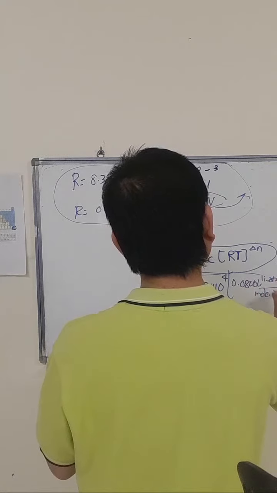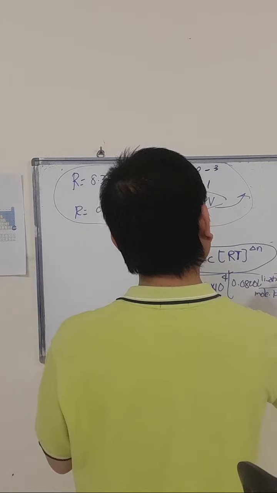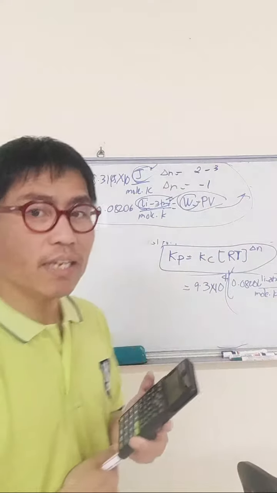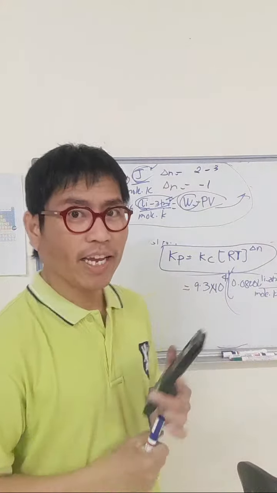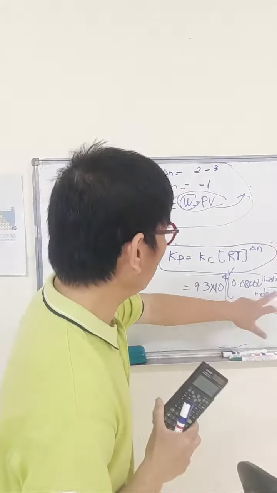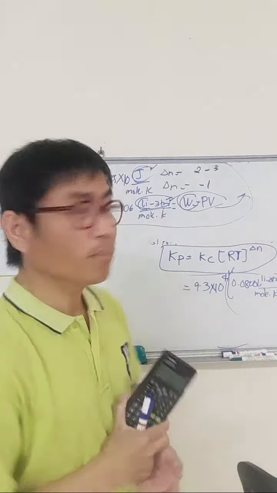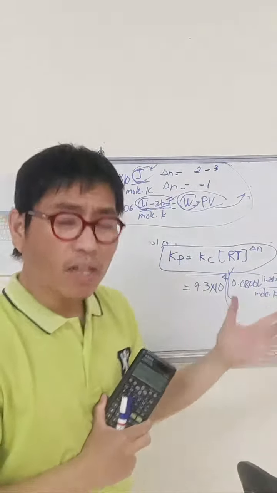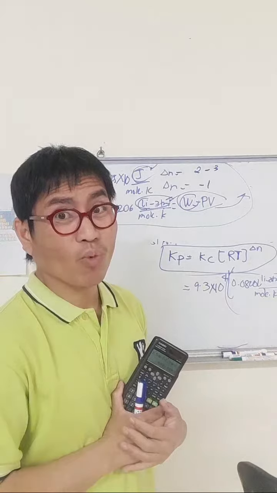Why will we use this? Because our unit of molarity, capital M, is moles per liter, and it's easy to cancel here. But in the other one, there's no liter at the numerator. How can we cancel the joule? That's why we don't use the 8.3145 joules.